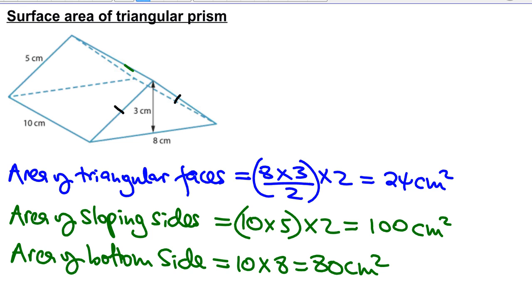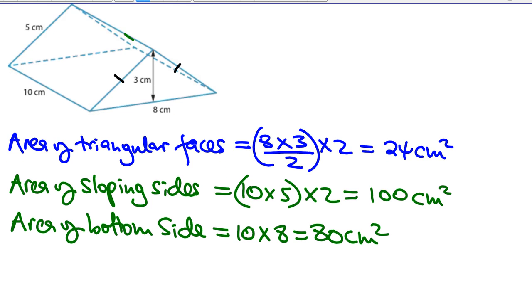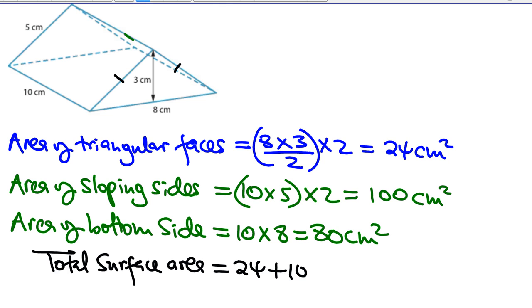And now the total surface area will be equal to, we add all these up, so 24 plus 100 plus 80, and that will give you 204 centimeters squared.